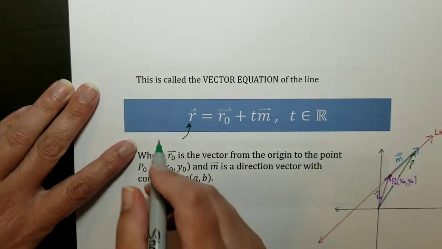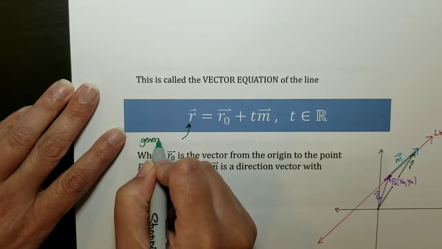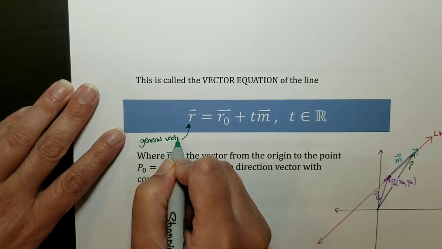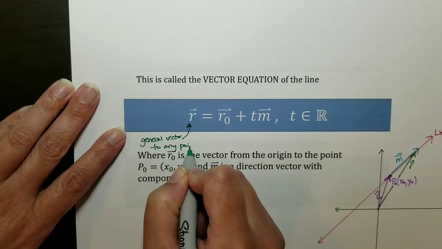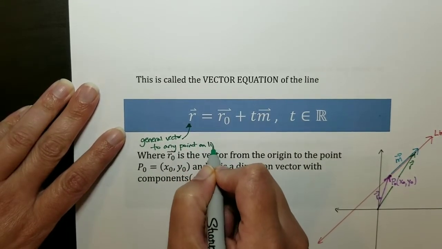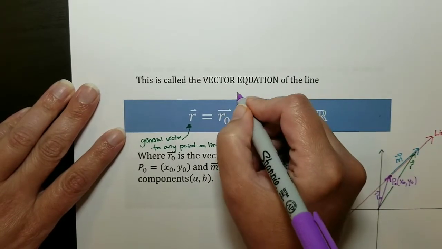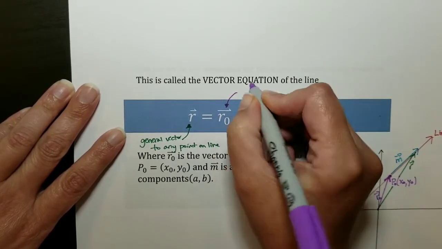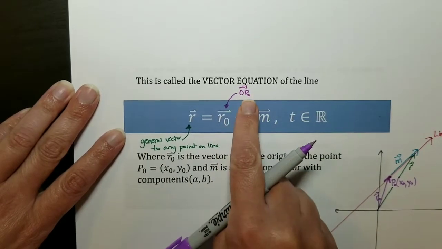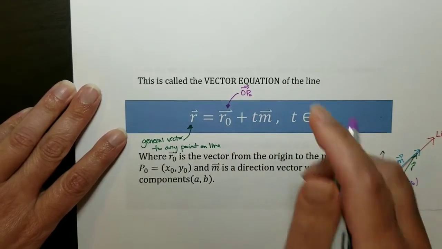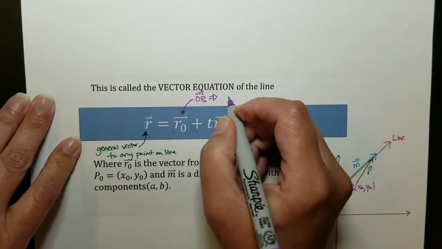So the vector equation, a general vector to any point on the line. We get that by taking R naught, vector R naught. So this is from the origin to point P naught, and this is a vector to any specific point on the line.